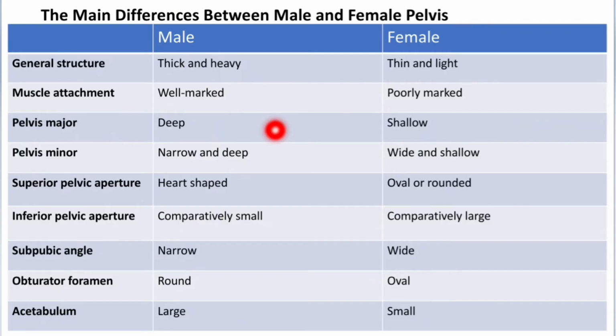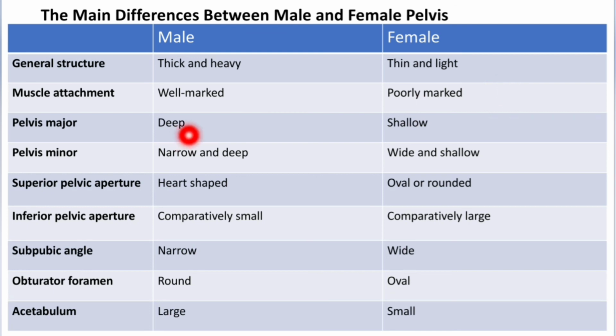Okay, so there are differences between male and female pelvis. These are some of the differences. In general structure, the male pelvis is thick and heavy, while the female is thin and light. The male muscle attachments are well marked, but in female they are poorly marked.